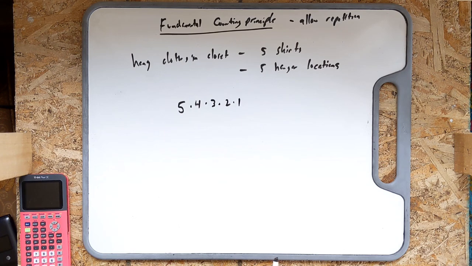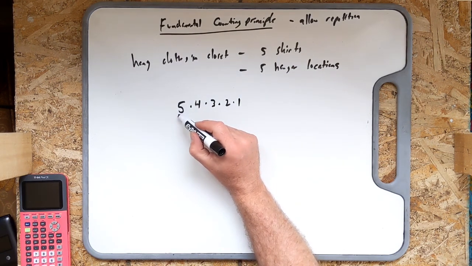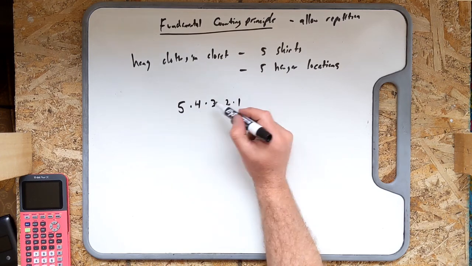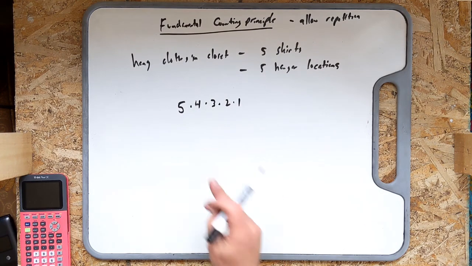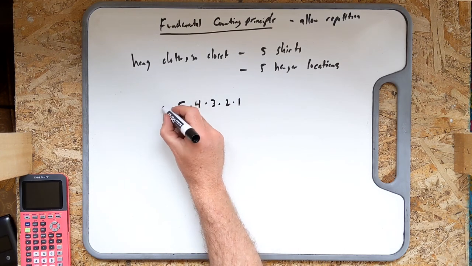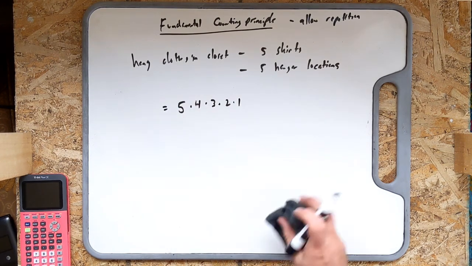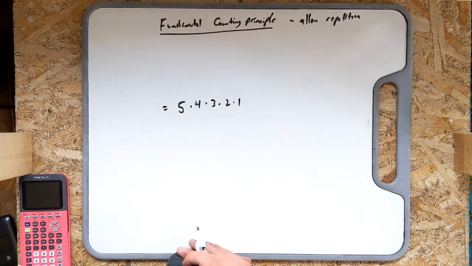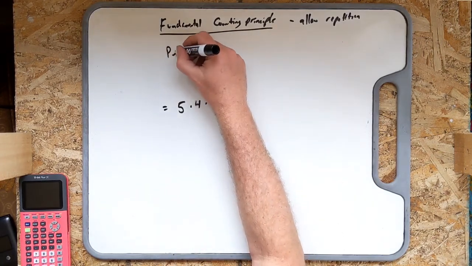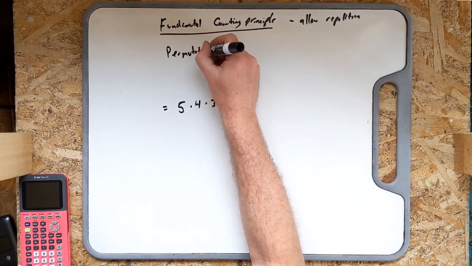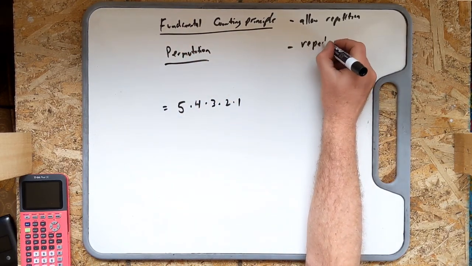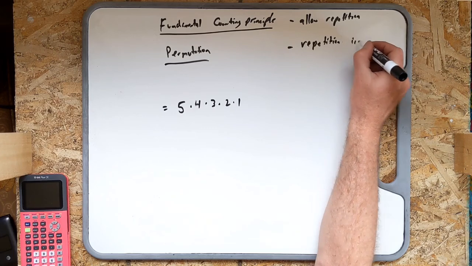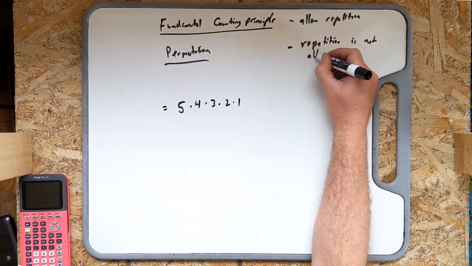I couldn't put the same shirt in 4 different locations because I used it already. Notice this. This is called a permutation. I'm going to write that up at the top here. And the first thing I'll say is repetition is not allowed.